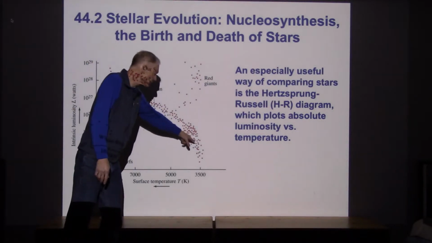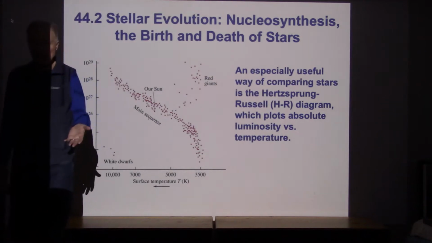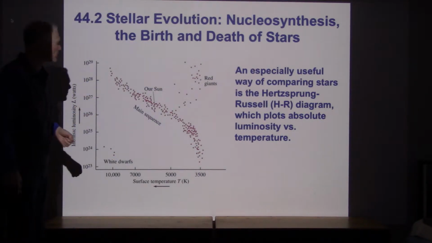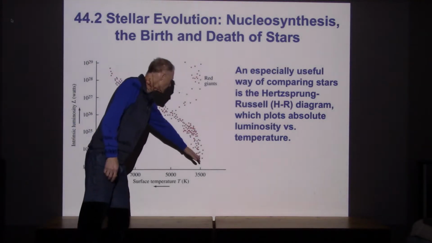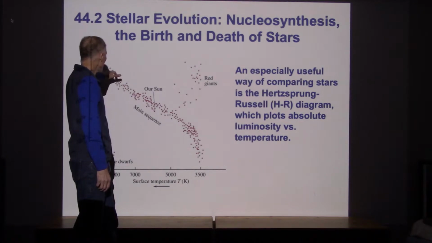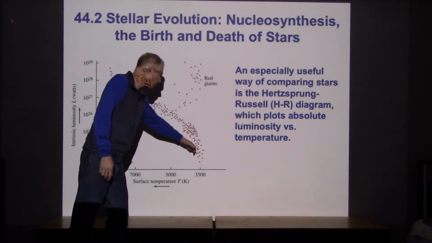And the other property that we can determine for the main sequence is that moving along the main sequence just moves us along different masses of these stars.